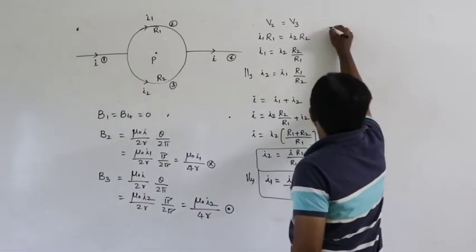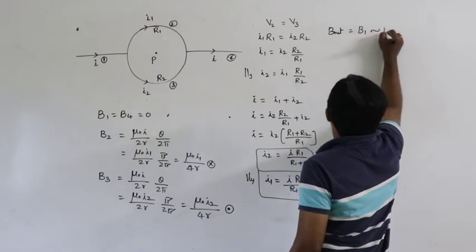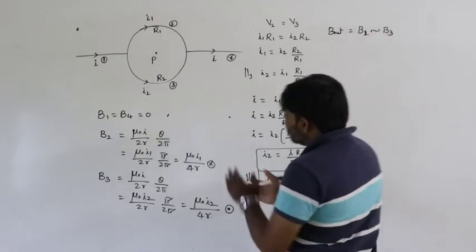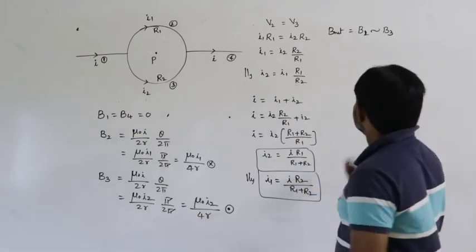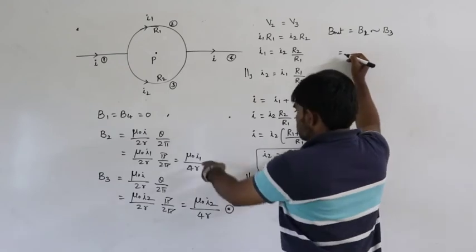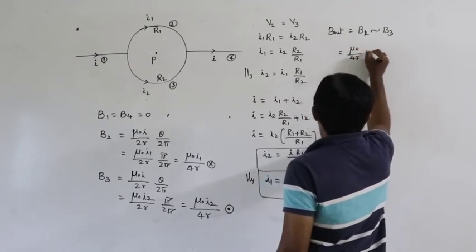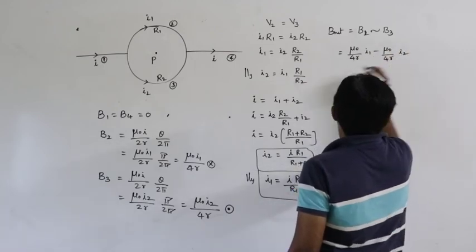So B net, the net magnetic field, is equal to B2 difference B3 or B3 difference B2. Which one is more? B net is equal to mu naught by 4R I1 minus mu naught by 4R I2.